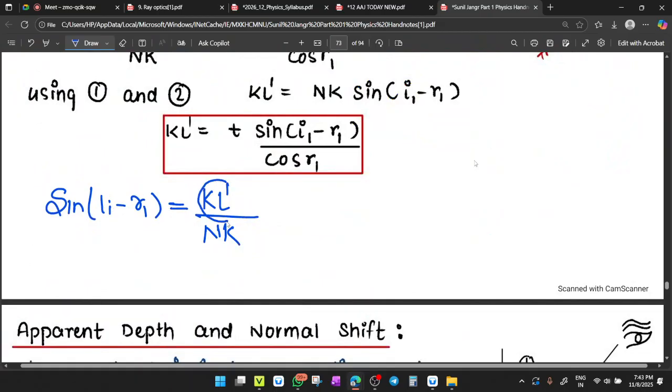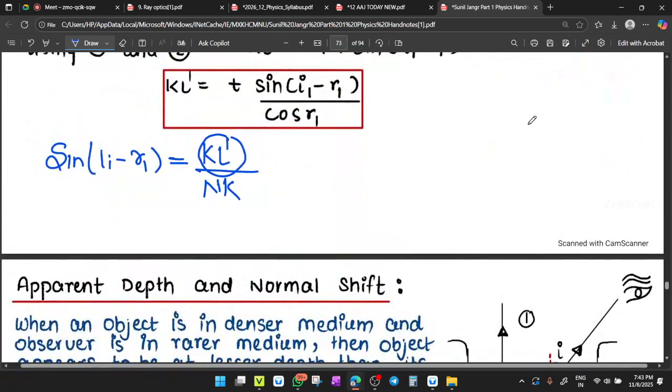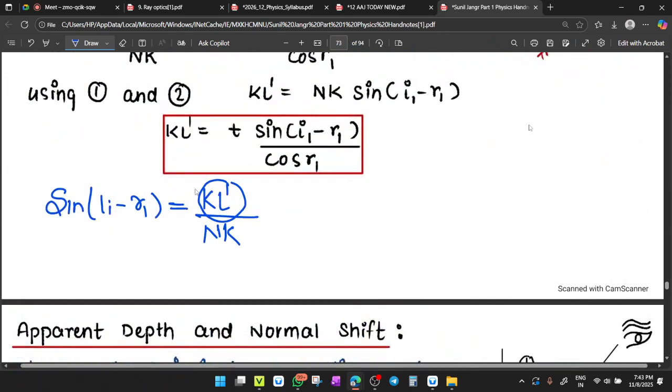As I said, KL dash is the lateral displacement, which equals x. So you can place x there. No problem at all. So KL dash equals NK sine of I1 minus R1. Clear?